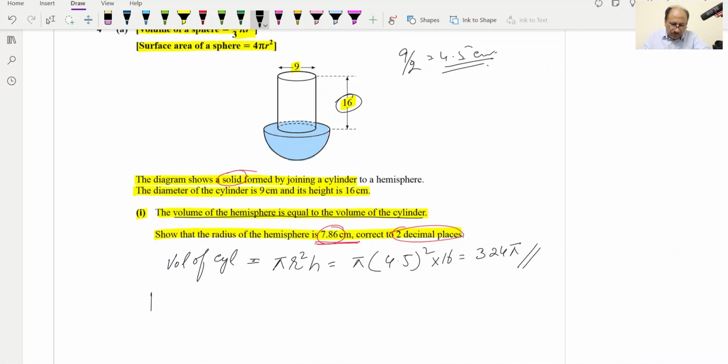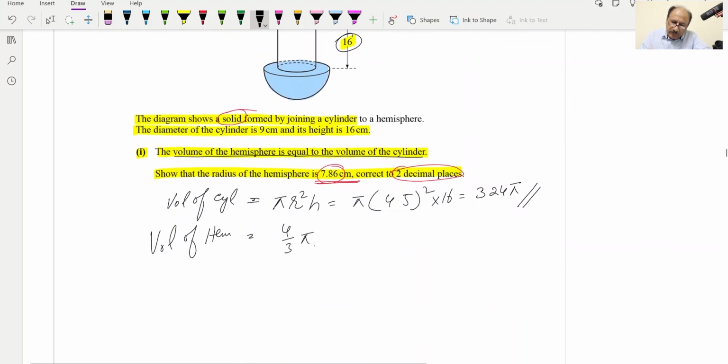Now the volume of the hemisphere. The volume of a sphere is provided, 4 by 3 pi r cubed. For a hemisphere, we take 1 by 2 of this, and we can cancel 2 and 4, so we get 2 over 3 pi r cubed.